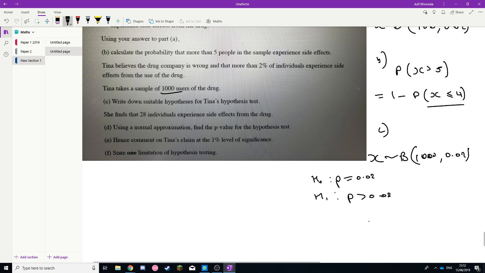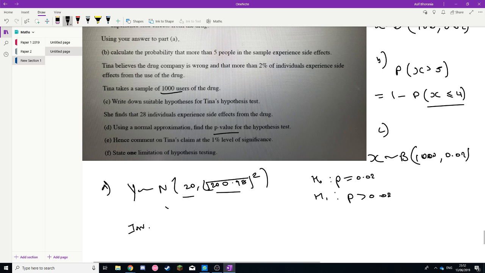So using a normal approximation, Y modeled by the normal, 1,000 times 0.02, which is 20, and then variance 20 times 0.98, square rooted. Then for the p-value I'll do inverse normal with these two parameters.